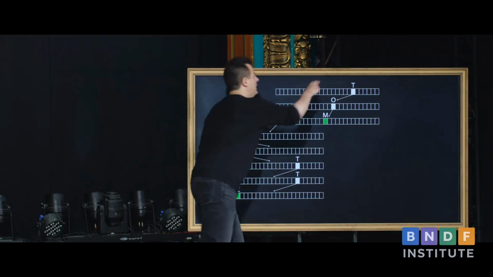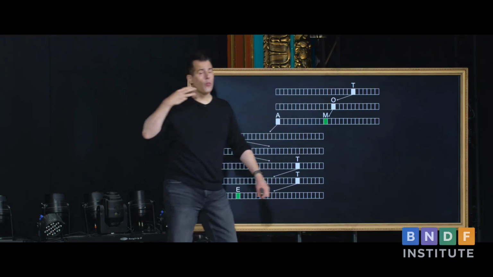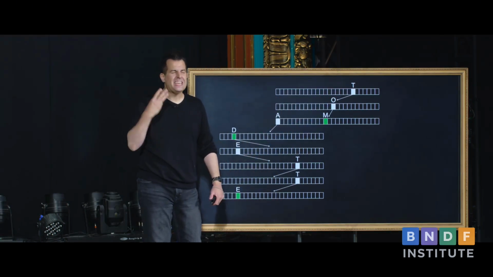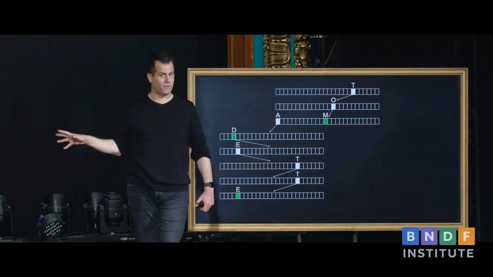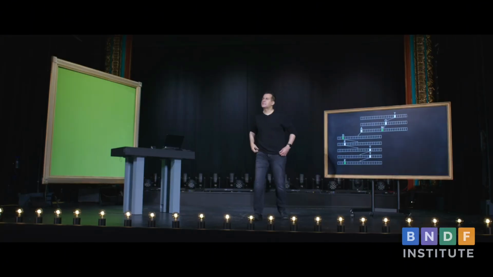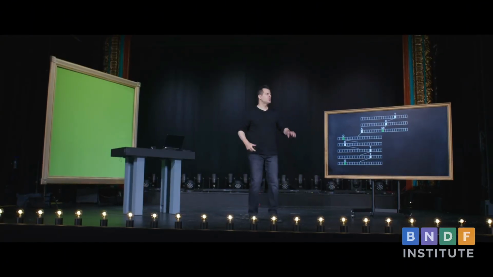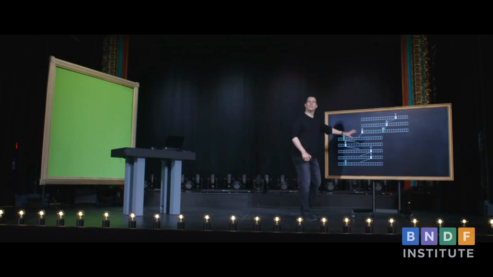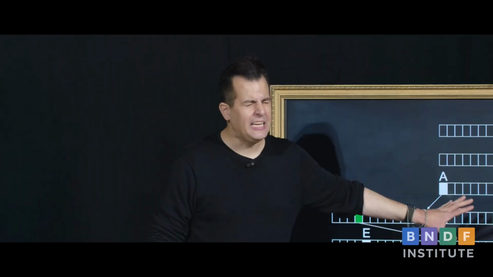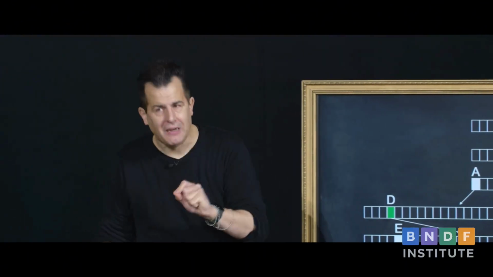How many steps to find Tom? T-O-M, 3 steps. And that is independent of the total number of names in the data structure. And that's a powerful idea. You can store as much data in this data structure as you want. N can be really, really large, but it will always take a constant number of steps to find any individual name.